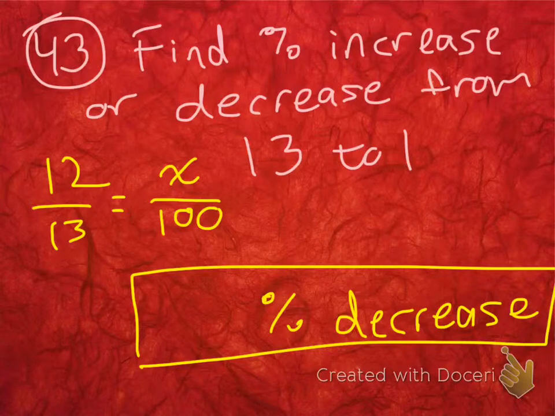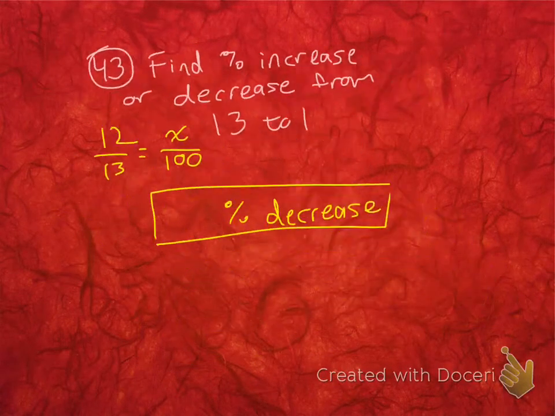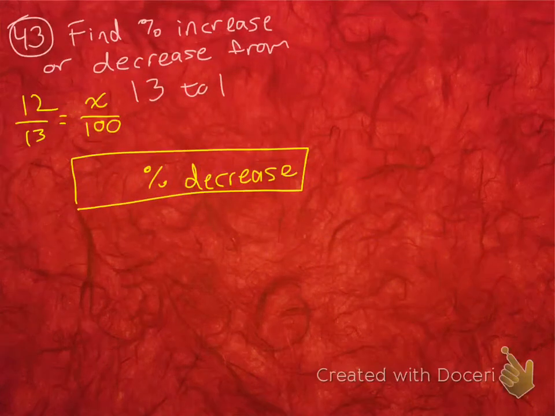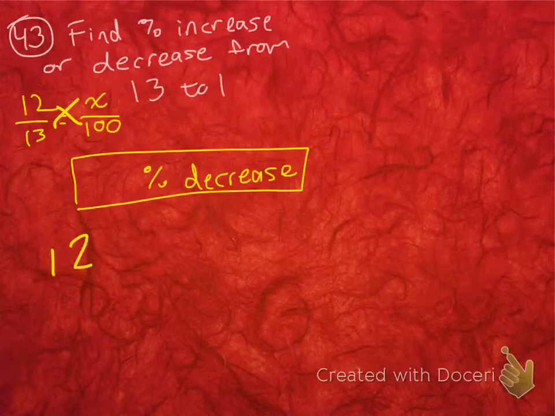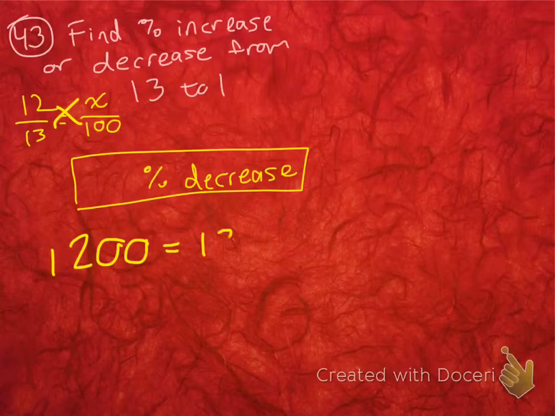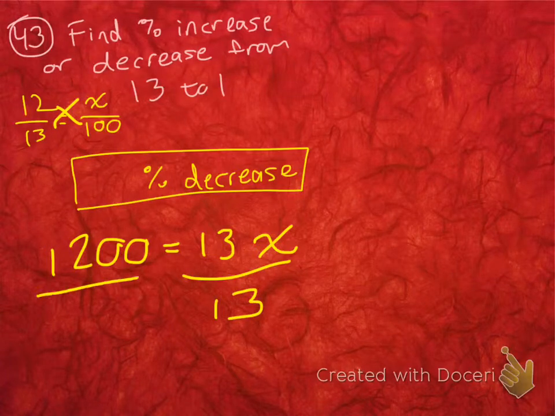When you cross multiply, you're going to get 1200 equals 13x. And then you're going to divide both sides by 13. And you are going to get something.